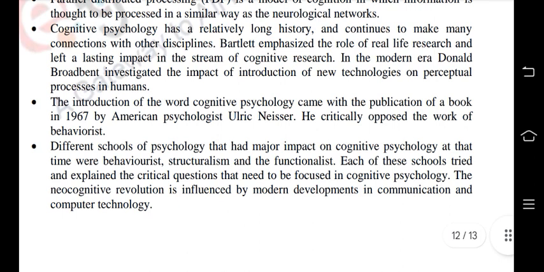The term cognitive psychology came with the publication of a book in 1967 by American psychologist Ulric Neisser. He critically opposed the work of behaviorists. Different schools of psychology that had major impact on cognitive psychology at that time were behaviorism, structuralism, and functionalism. Each of these schools tried to explain the critical questions that need to be focused on in cognitive psychology.